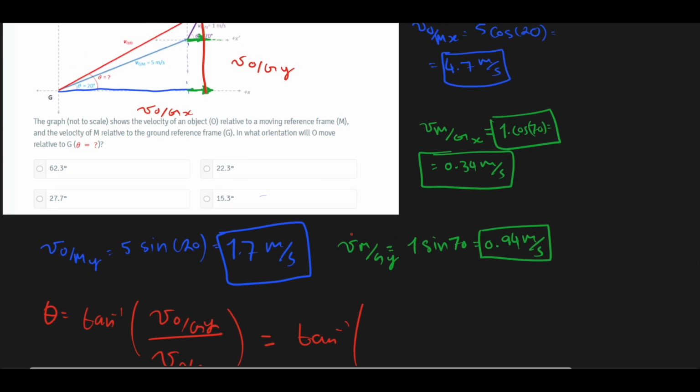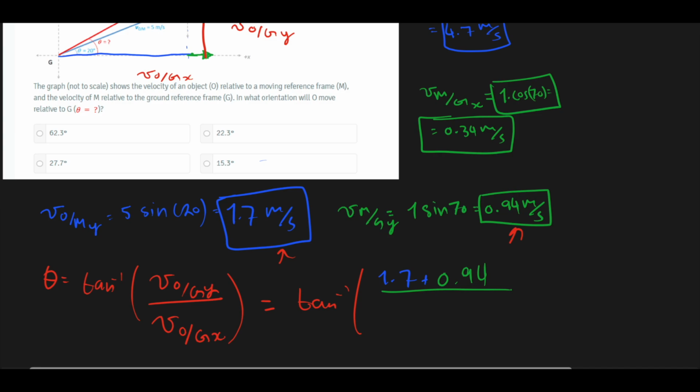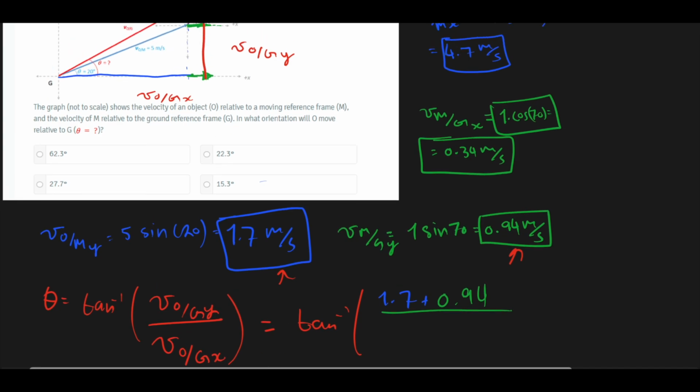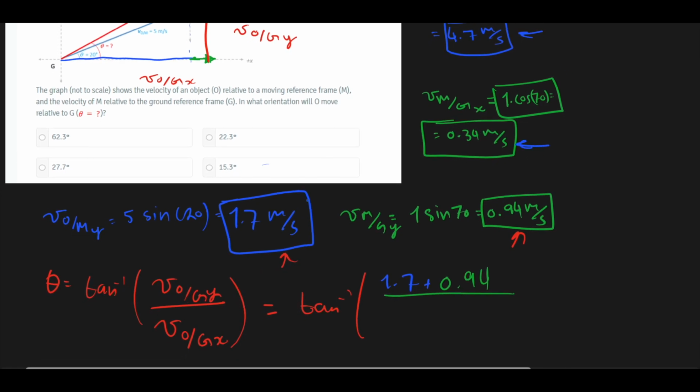It's going to be this plus this. So 1.7 plus 0.94 divided by, what is the other value? So what is VO with relation to GX? It's going to be this value plus this value. So 4.7 plus 0.34.